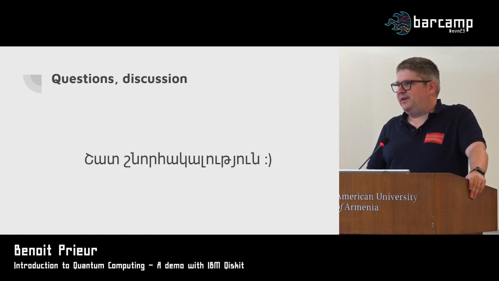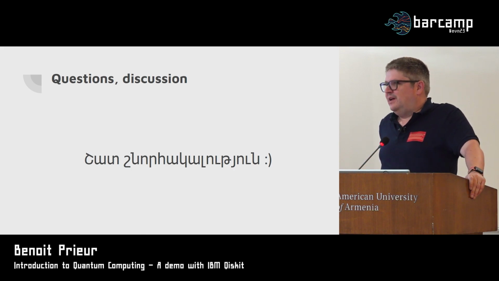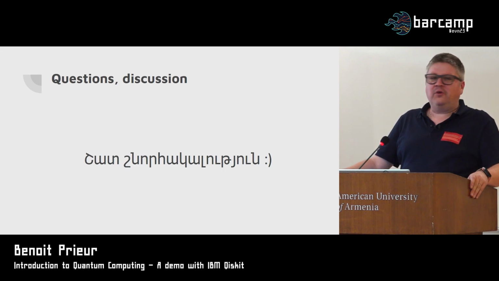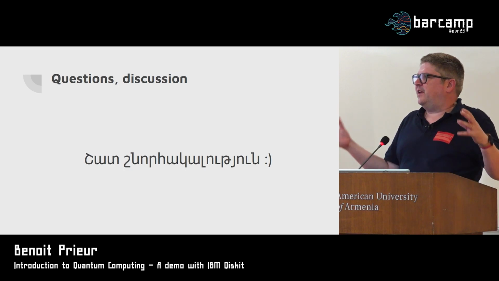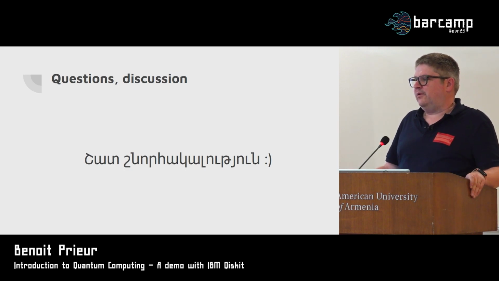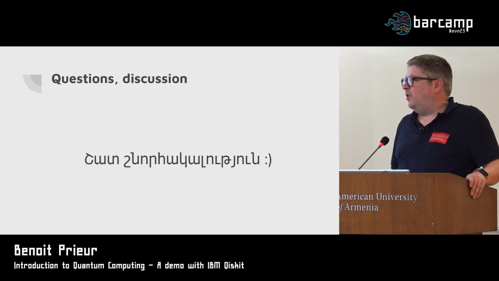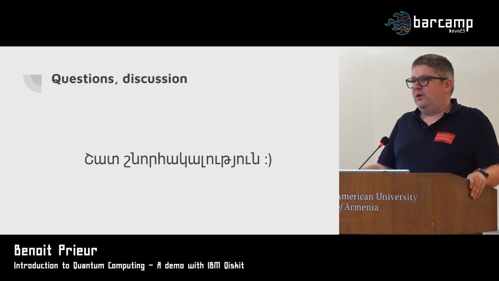I'm going to try to explain that. When you have a big integer, you want to get its prime factors. It's quite a long problem to solve. Its time complexity is not polynomial, so that's why it's used to secure banking exchanges and your banking card, etc. It's done with prime factorization of big integers.